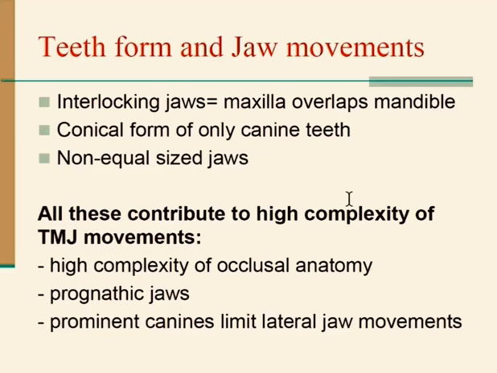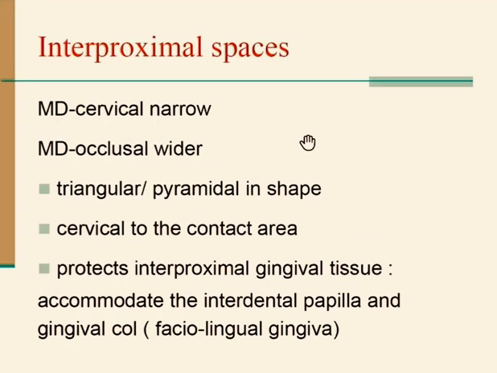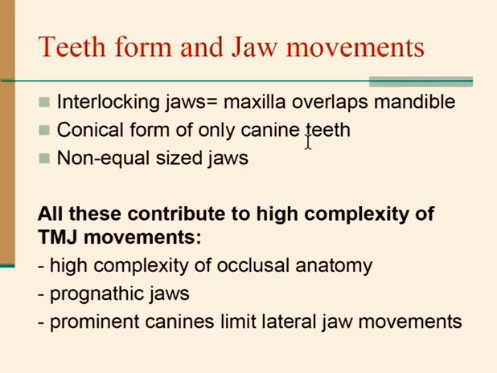What is significant, and we have a schematic representation at the end of the lecture, is that we have not equal-sized jaws, but a maxilla that is larger than the mandible. This is different from other species, and it is called anisognathic, which means not equal-sized jaws.